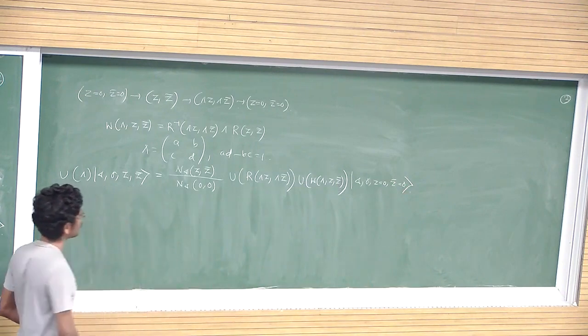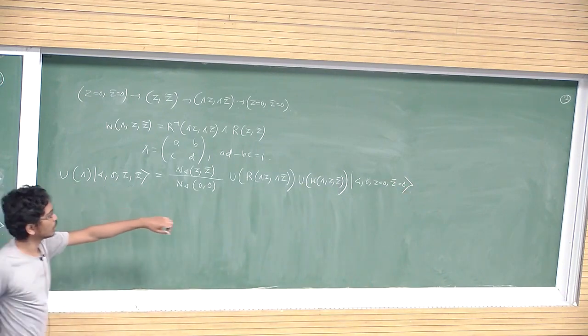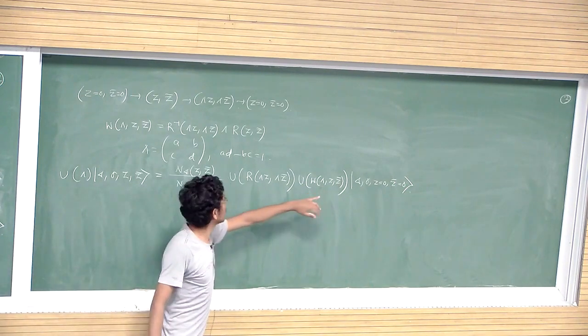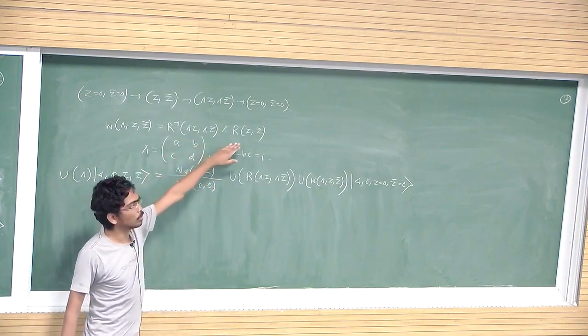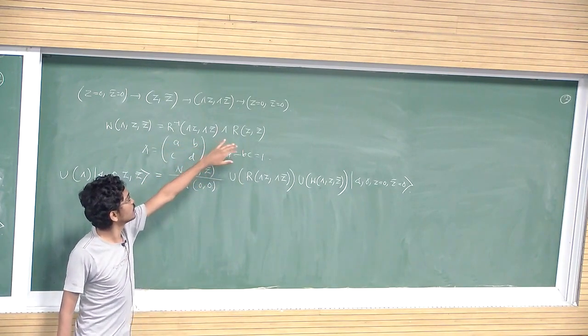Okay. Now I can explicitly calculate these little group matrix elements just by multiplying these matrices, because I know how all these matrices look like.